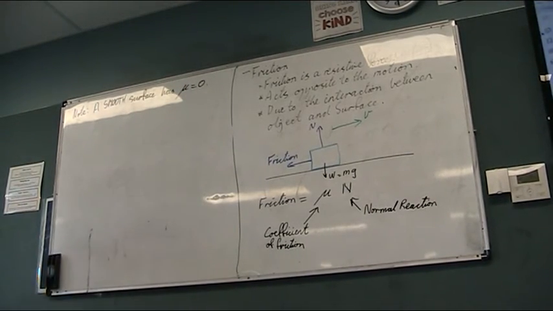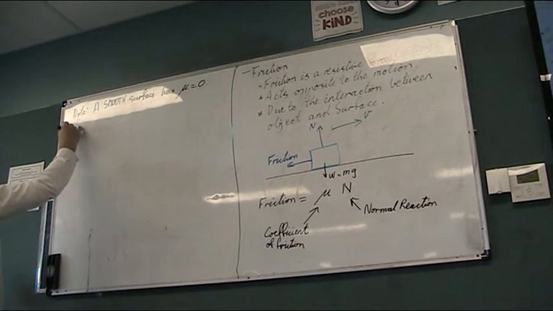So when you're doing questions and you're reading the words, if they say smooth, then you know coefficient of friction is 0 and you ignore friction. Right, anything about that so far?